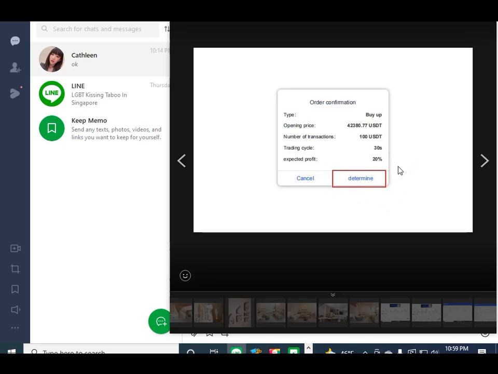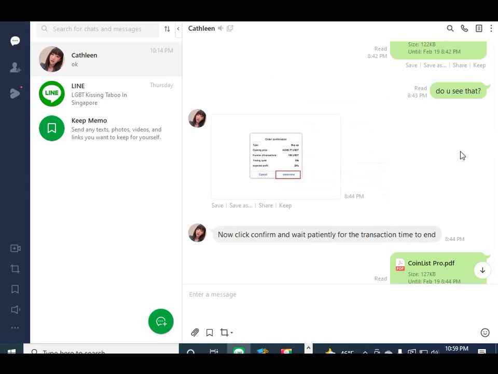Expected profit, 30% profit. No, that's 20% profit. So that's $20 I earn right there, right? For trading $100, I got a $20 profit, which is not bad.